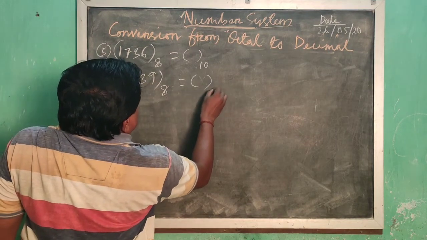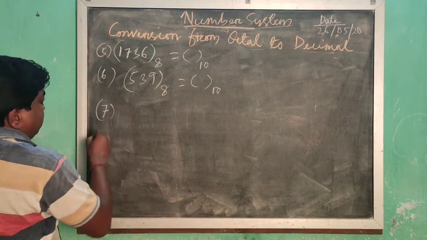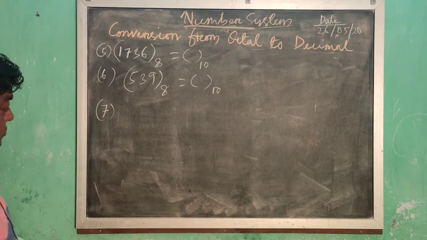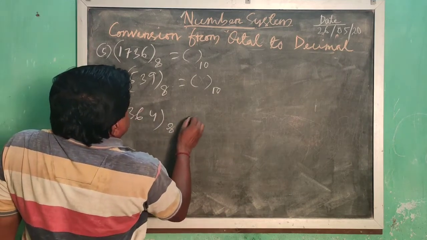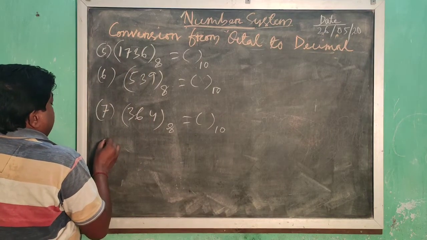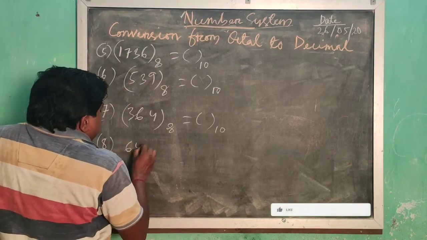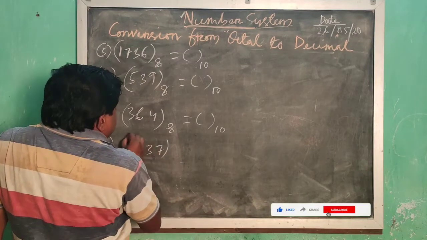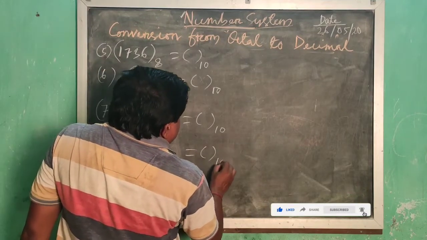You have to convert it in decimal. 364 base is 8. You have to convert it in decimal. And last one, 6437 base is 8. You have to convert it in decimal.